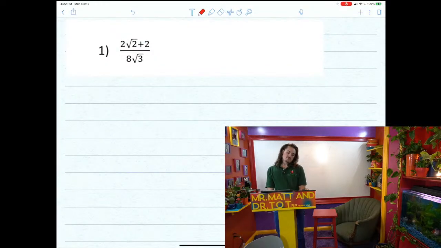We don't have any variables, but we have 2 expressions that can't combine as they're written, so you have to treat them as if they're bound to each other. You can't just divide into one without dividing into the other. And as it's listed here, we have a radical in the denominator. So rationalize this denominator by multiplying by some fraction equivalent to the radical portion of the denominator in both the numerator and denominator itself. So I'll give you 3 minutes.